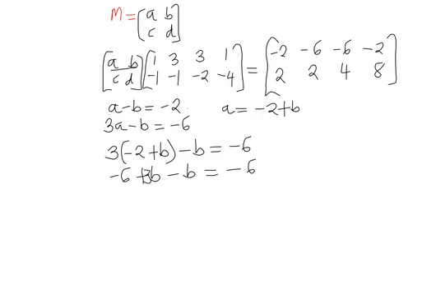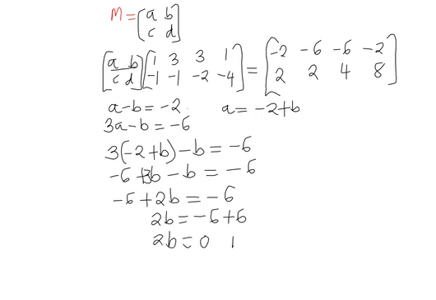So 3B minus B is 2B. So we have negative 6 plus 2B is equal to negative 6. So 2B is equal to negative 6 plus 6, and 2B will be equal to 0, and this implies that the value of B is equal to 0. We substitute the value of B in this equation, and the value of A will be equal to negative 2.